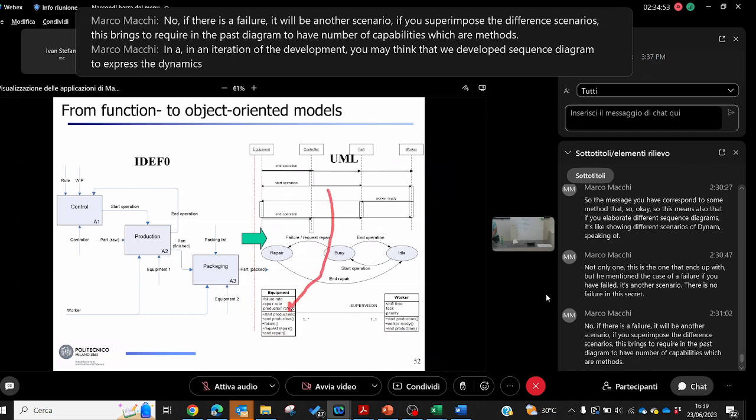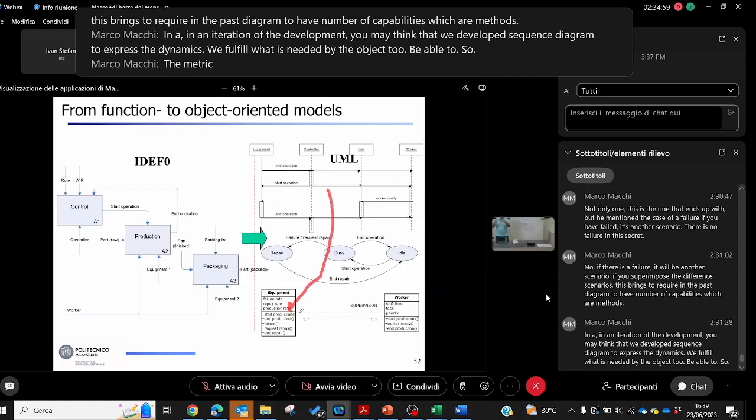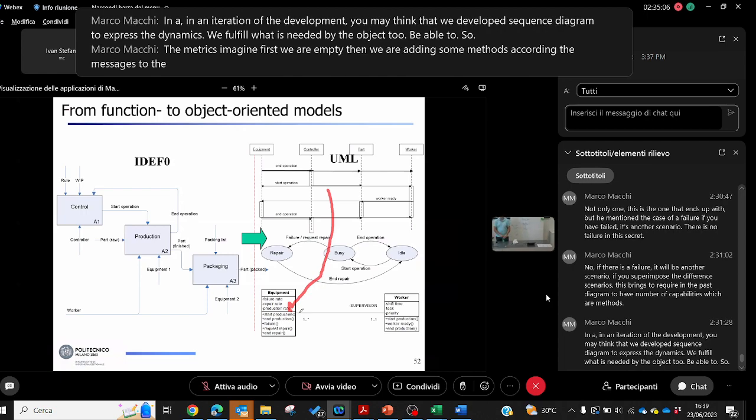We fulfill what is needed by the object to be able to interact with the scenario. So the methods, imagine, first were empty, then we are adding some methods according to the messages. Can you follow this iteration? So probably it's answering your question, right?